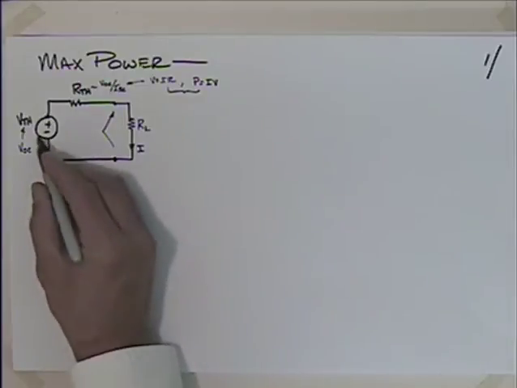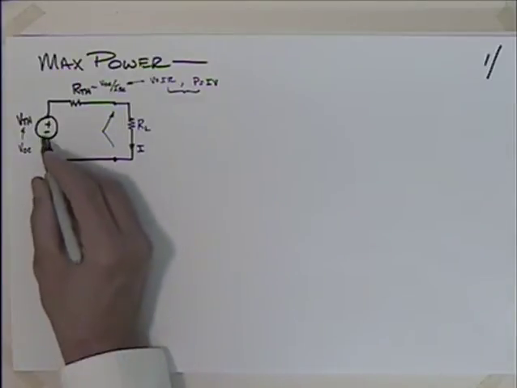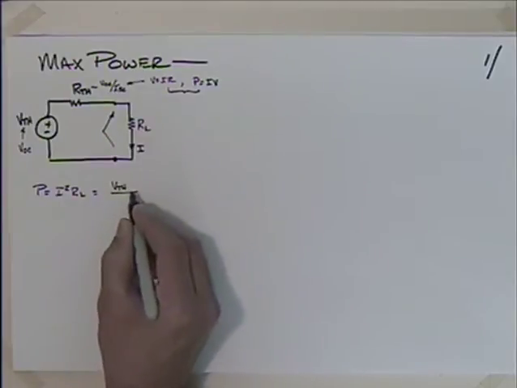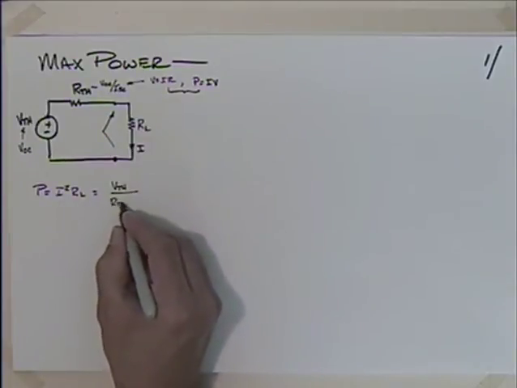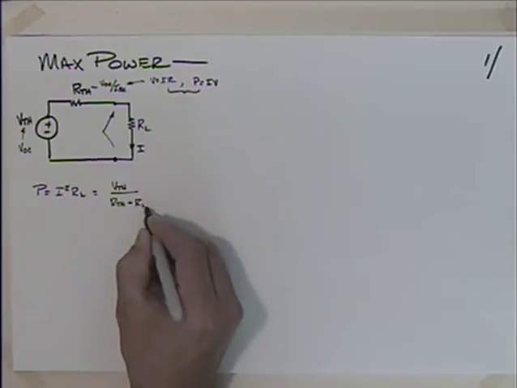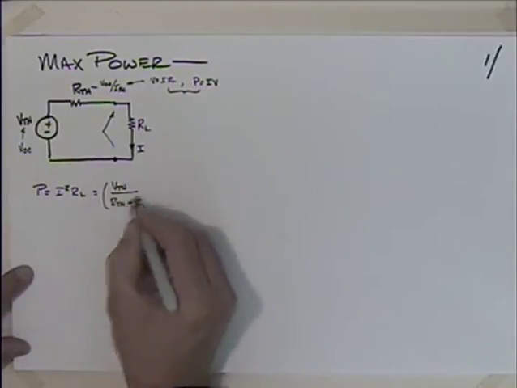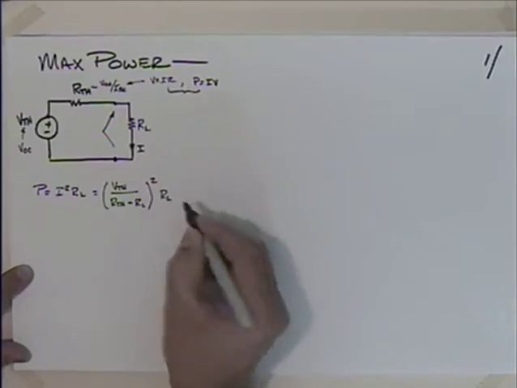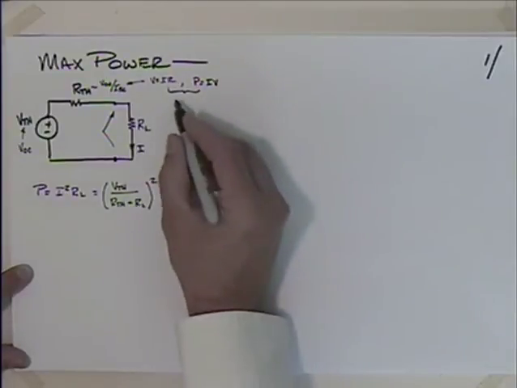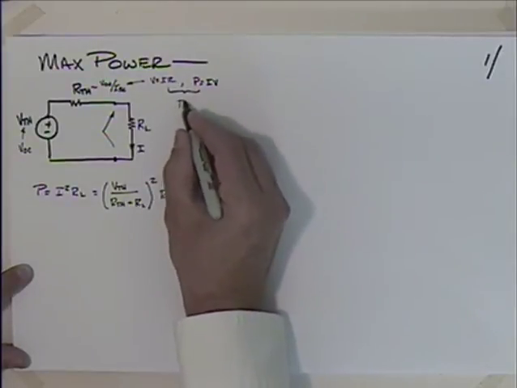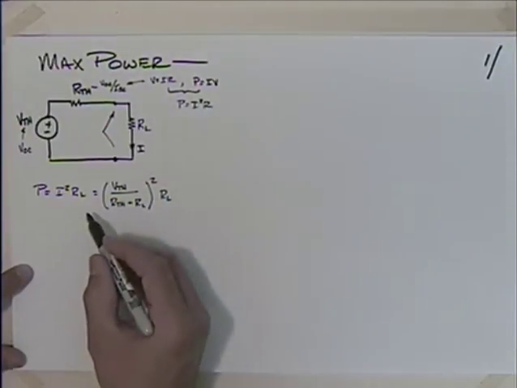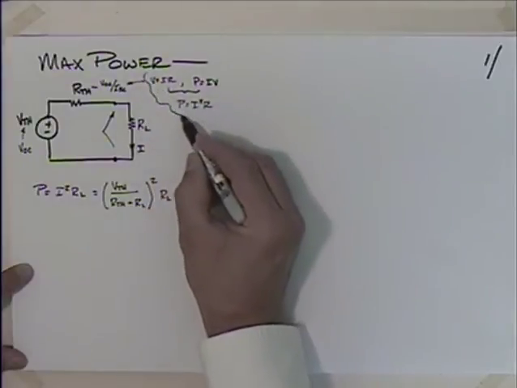If we take the total voltage here, which would be V Thevenin, and divide that by the total resistance, R Thevenin plus RL, and square that, that's the current, and then I just multiply it by RL. And again, backing up, when you combine these, you get power is equal to I squared times R in general. These are all general.